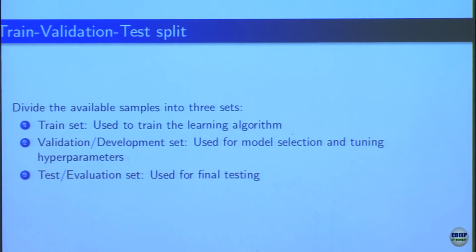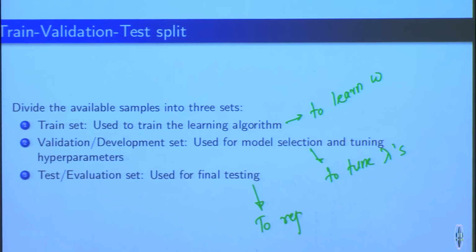So if you use train to learn W, you use the validation to tune the lambdas, and you use test to report error on X hat. That's the story. Okay, and this is how you hope to do the best you can with respect to your chosen model on bias and variance.